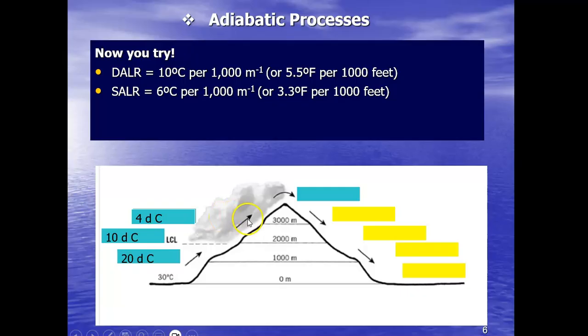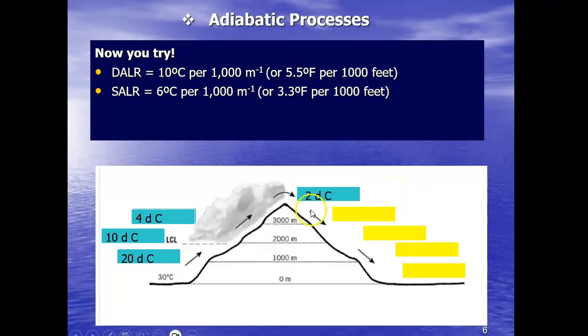Very good. And then I increase my elevation another 1,000 meters. It doesn't say here, but I'm at 4,000 meters and I'm still using the saturated rate. So I subtract 6 from the 4 degrees Celsius. What will my new temperature be?